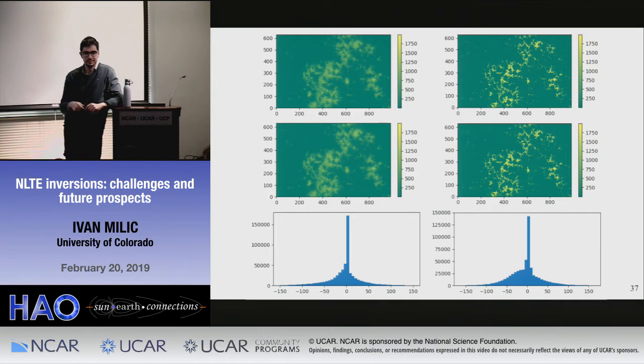Mark. While you're on this slide, this quantity, particularly on the right, the magnetic field, is the only one where there seems to be a systematic difference between the neural network and the inversion. That's not a symmetric distribution. You're probably right, and I think it is because these inversions have inclination as a free parameter.